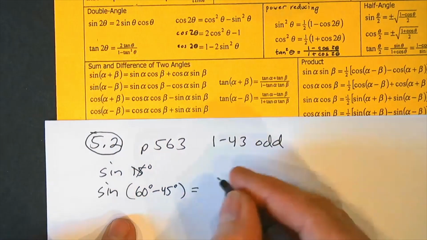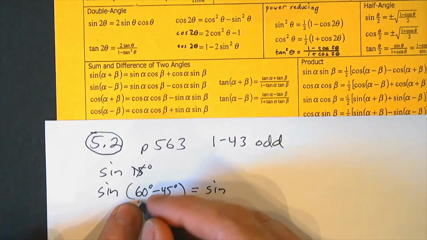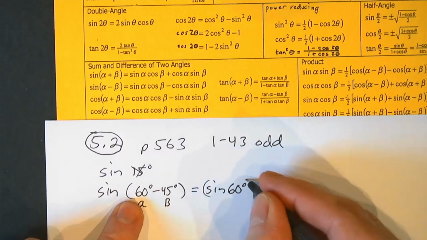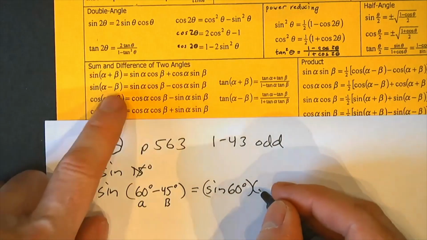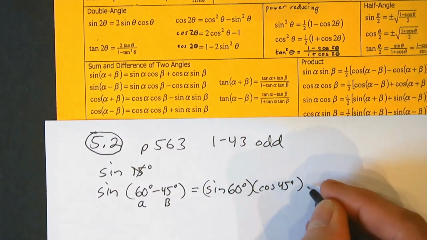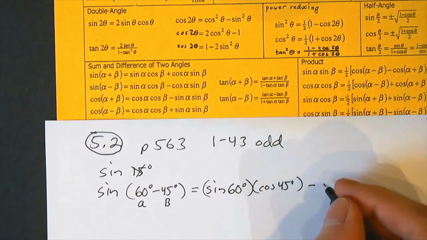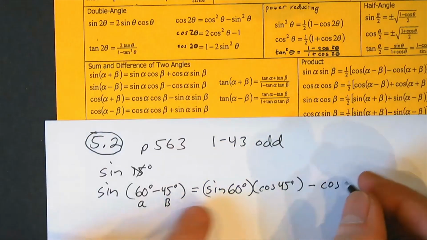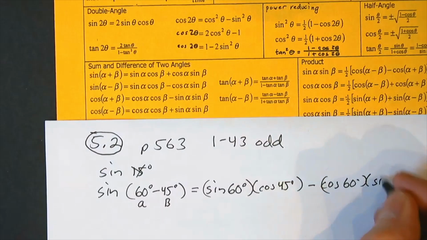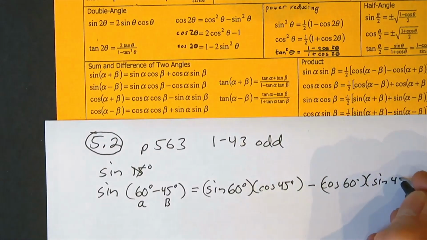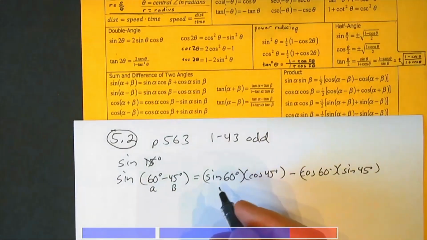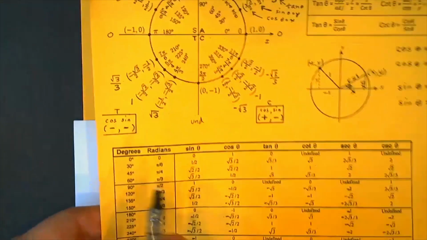So sine of alpha, the first one, this would be alpha, this would be beta. You'd say sine of 60 times the cosine of 45 degrees, then subtract cosine of the first one, 60 degrees, times sine of the second one, 45 degrees.